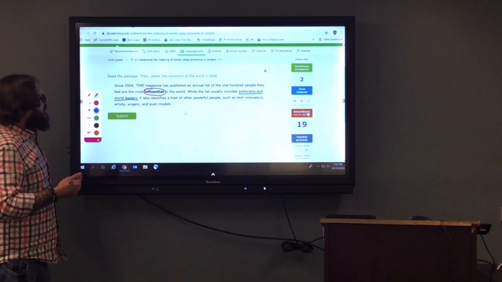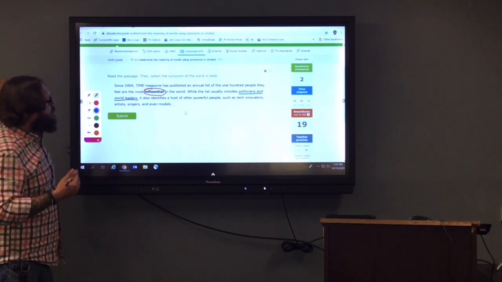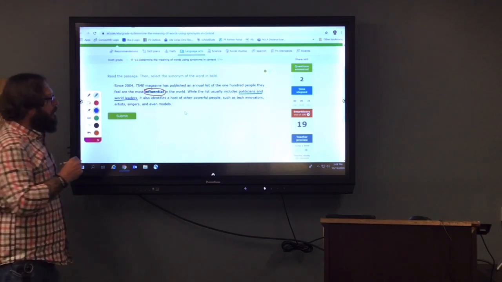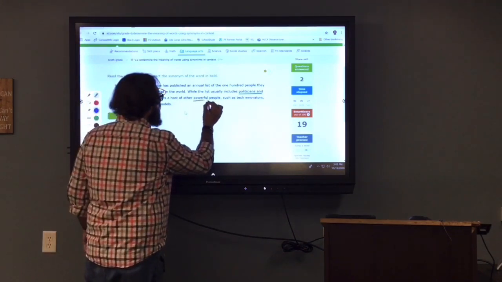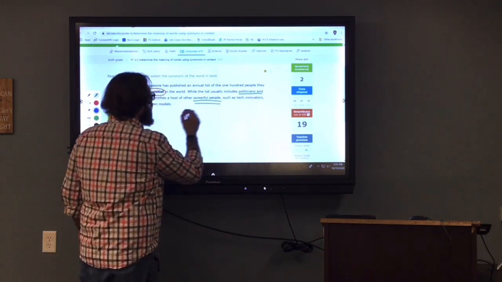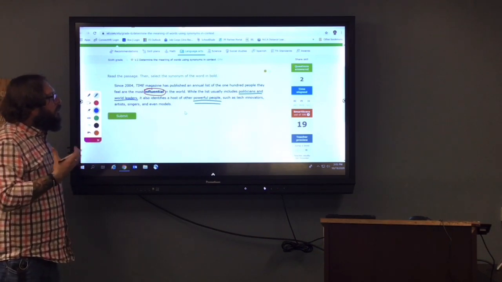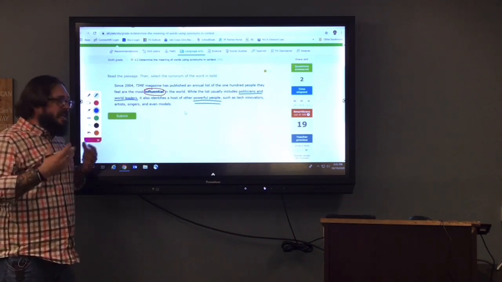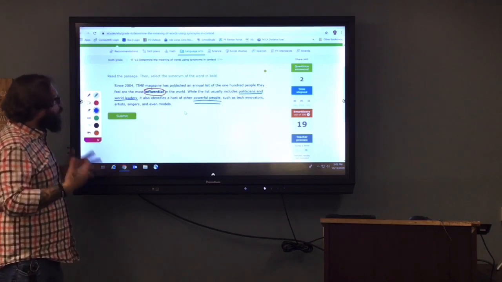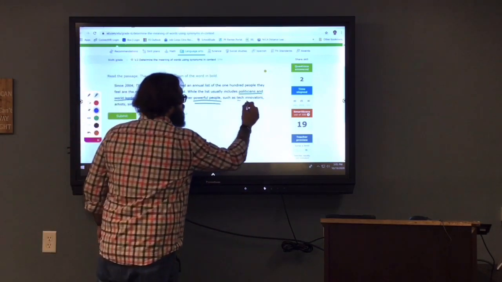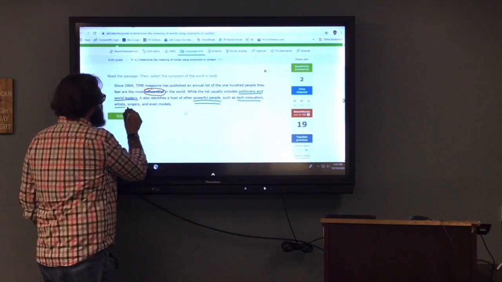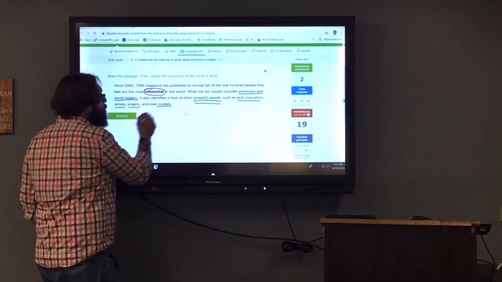Then it goes on to say it also identifies a host of other powerful people. So influential is referring to these people, such as politicians, world leaders, tech innovators, artists, singers, and models.